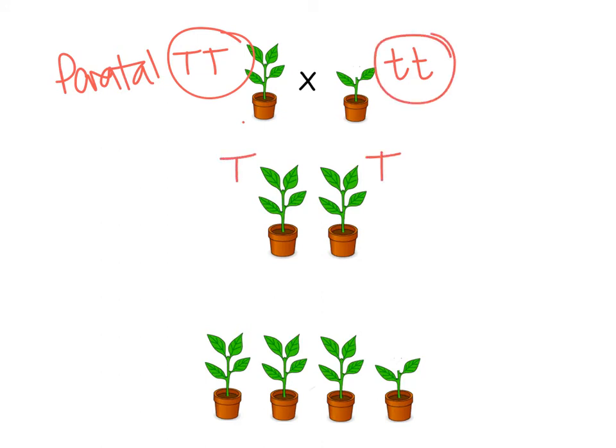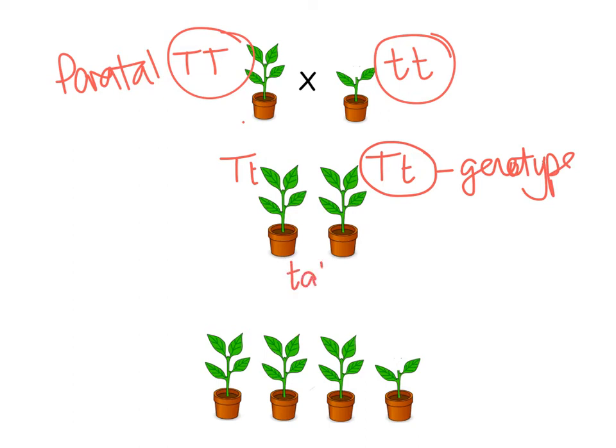And the small parent passed on a little t and a little t. Now, because they've each got a big T, they're both tall. So their genotype is big T, little t, and they're both tall, that would be their phenotype.